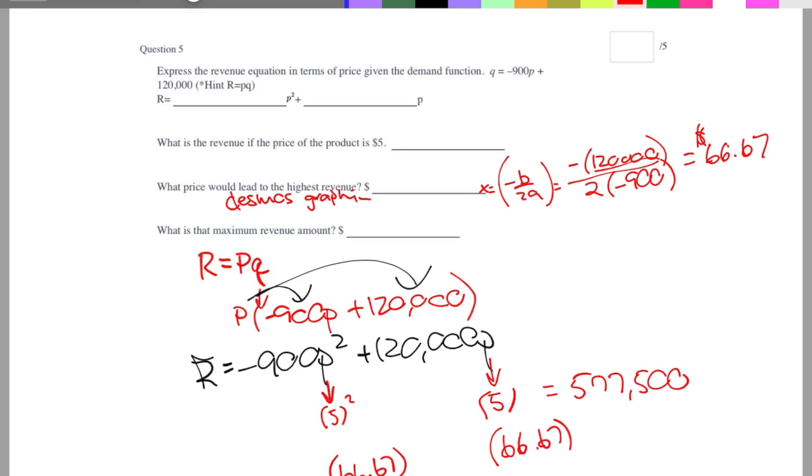You end up with, strangely, $399,999.99, which we would eventually round to $400,000.